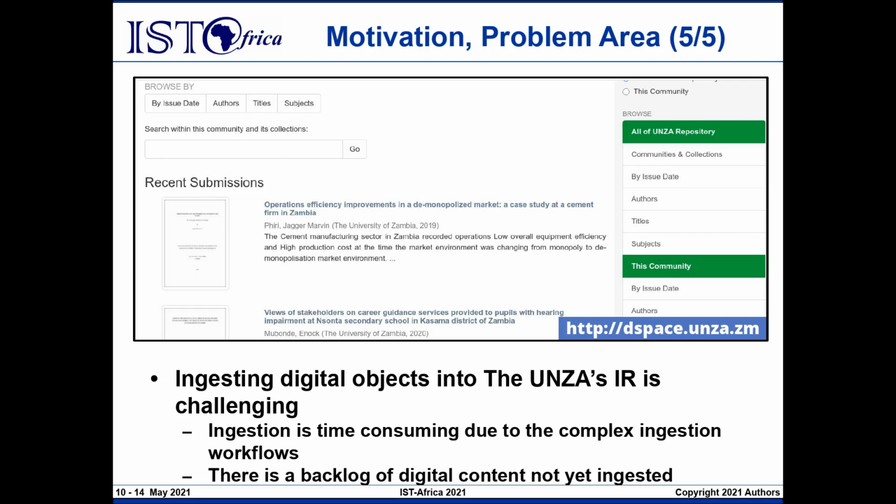Right, and so the main problem that we set out to address in this particular study is centered around the many challenges that are associated with making available research output on so-called institutional repositories. Now, an institutional repository is nothing more than a technological platform that is explicitly used by a higher education institution to make available research output, right?